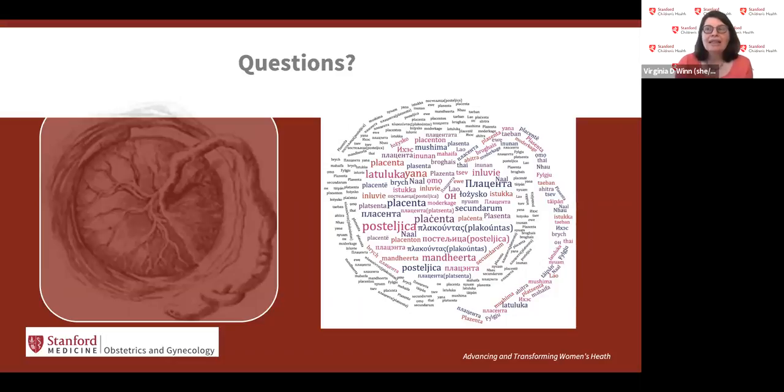Yeah, I think that is one of the key messages here, that as obstetrics providers, it's really important that the woman knows the need for follow-up and surveillance, so she can be an advocate for herself.